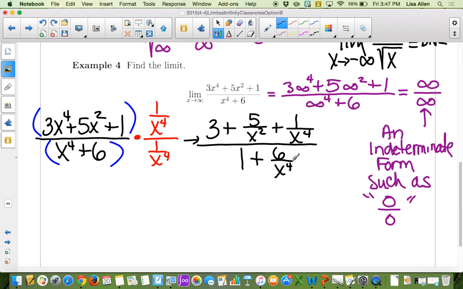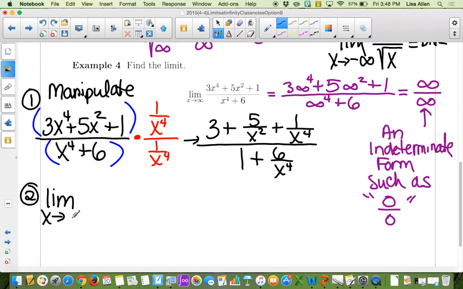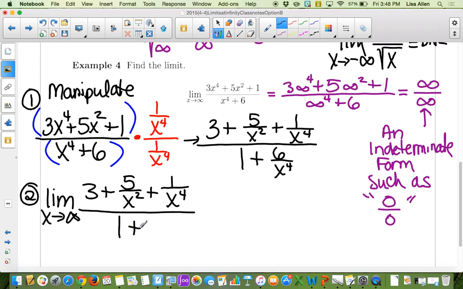Okay, now let's take the limit. So here's the first part. We manipulate the expression. We just use a little algebra. The second part is, now we're going to try to take the limit again. The limit as x approaches infinity now of 3 plus 5 over x squared plus 1 over x to the 4th, and that would all be over 1 plus 6 over x to the 4th.